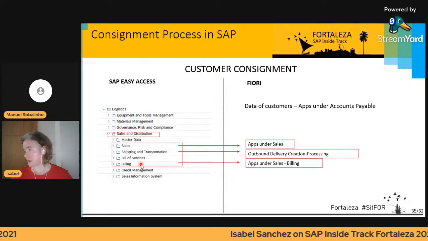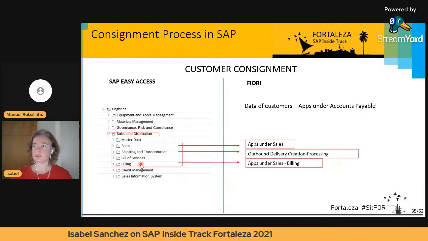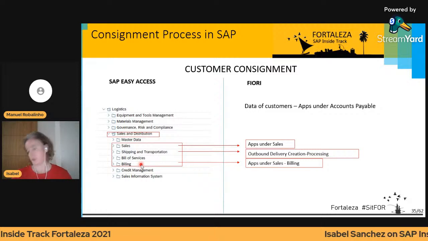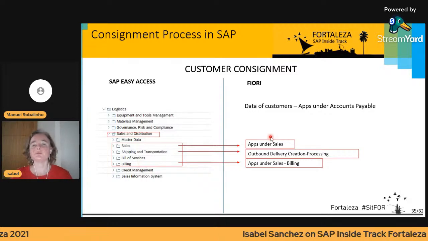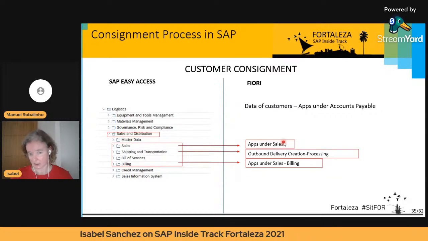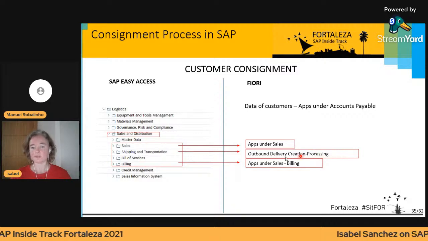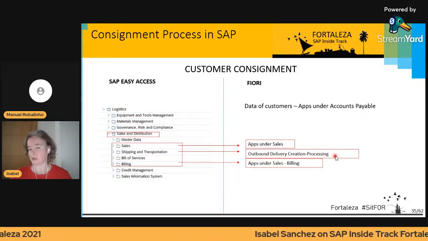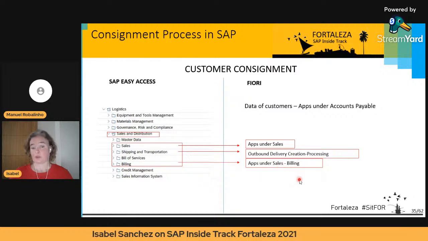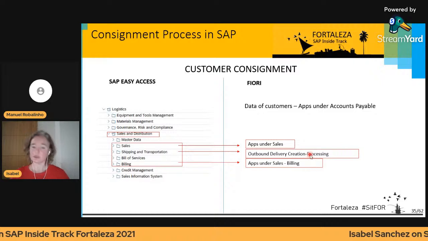Billing will be seen in only one step, which involves billing, and we will see it later. In theory, the apps under sales have a group called Outbound Delivery Creation Processing. And for the sales billing part, the apps are under sales billing.